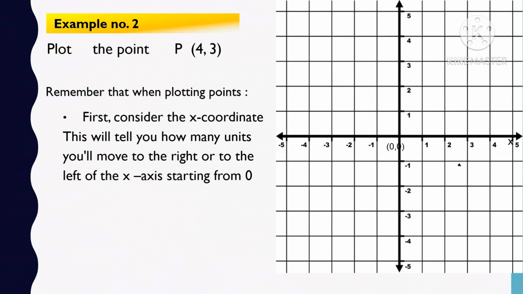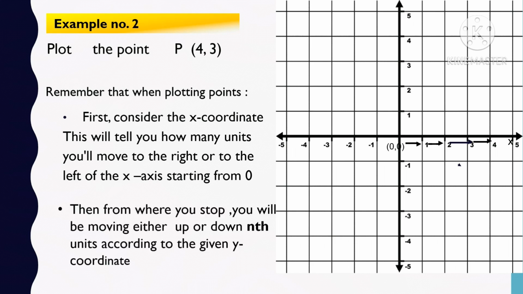So, let's move 4 units to the right since the x-coordinate is positive 4. 1, 2, 3, 4. Then from where you stop, you will move either up or down. But since our y-coordinate is positive 3, then we will go 3 units going up. 1, 2, 3, and there you have the location of P with coordinates 4, 3.